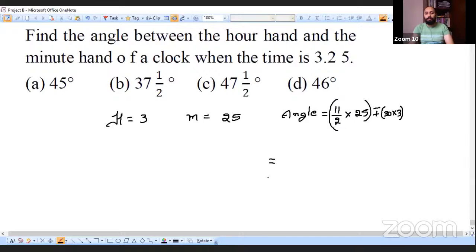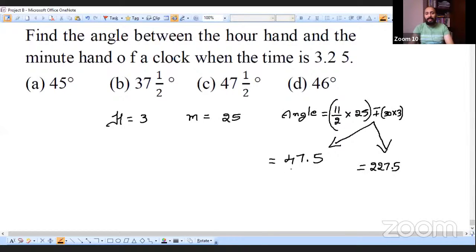If you do minus, 47.5. I am giving two answers here. Plus or minus is there. One is 227.5. One is 47.5.